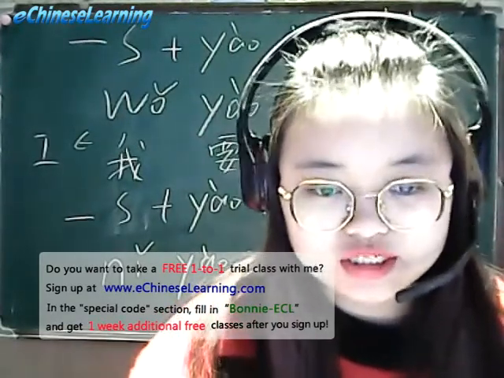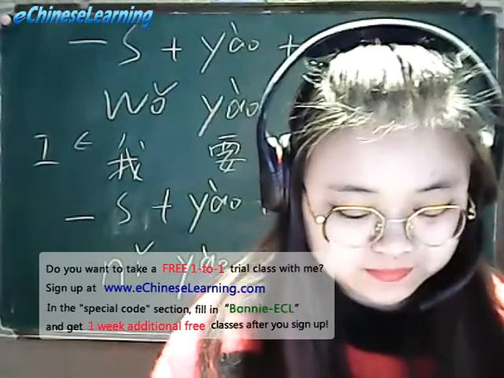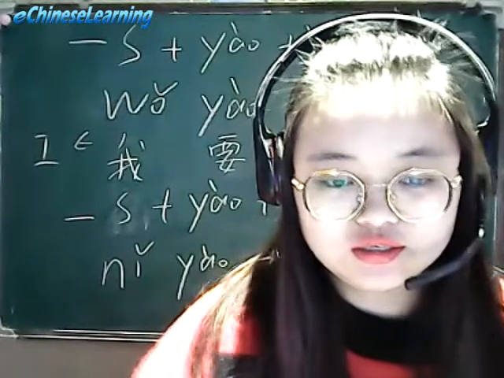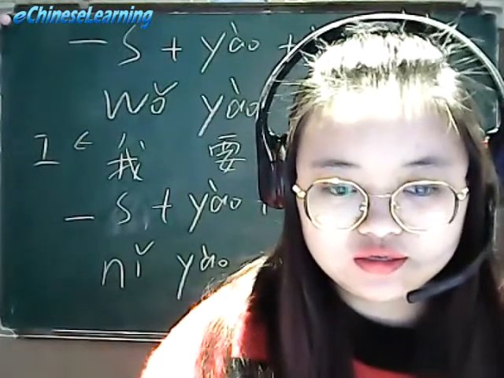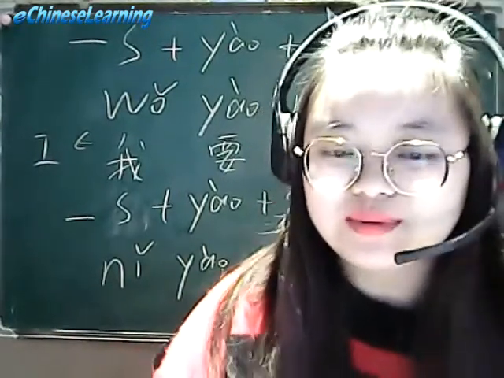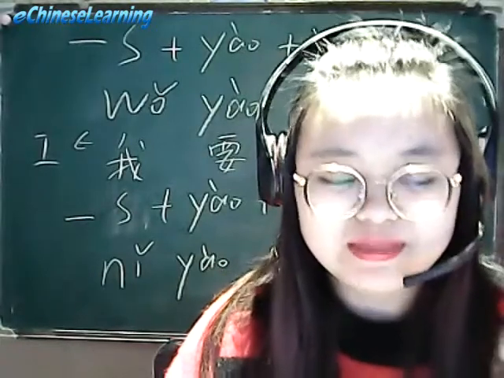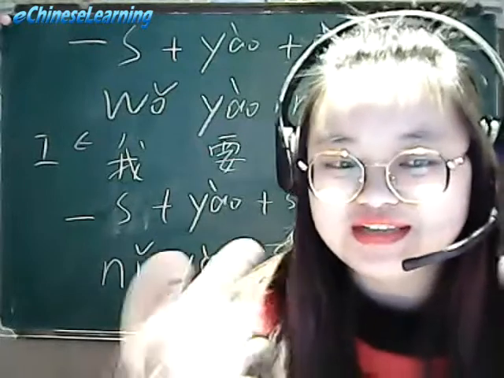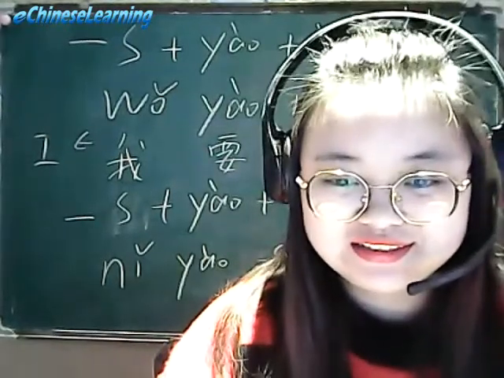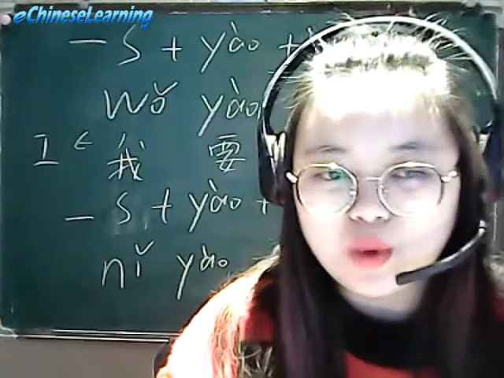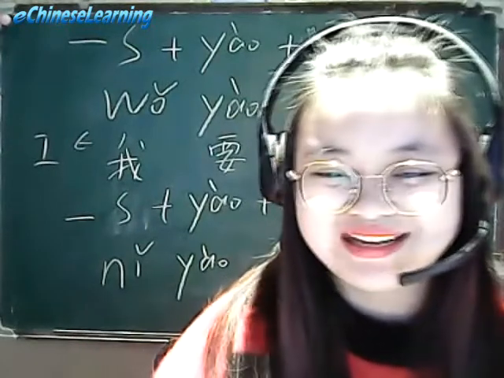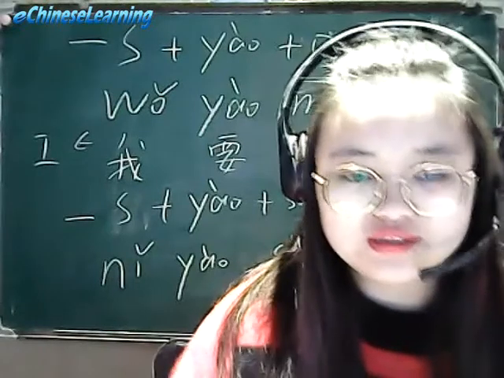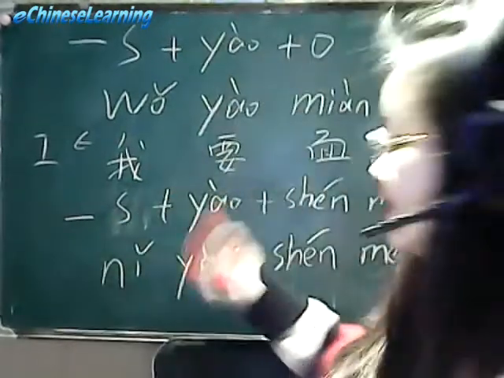This one, 果汁, and 我要果汁. So let's try another one. So 你要什么. Great. Ask me back. Yes. 我要面包. So about these sentences here, do you have any questions?